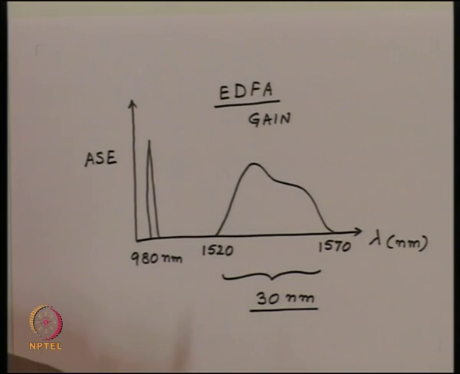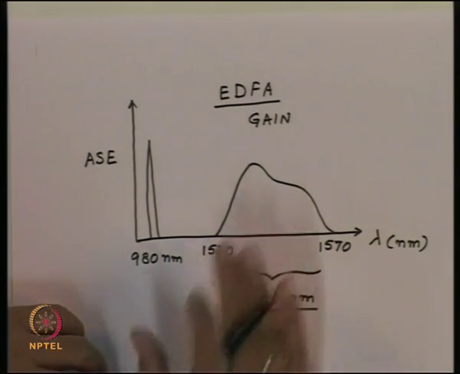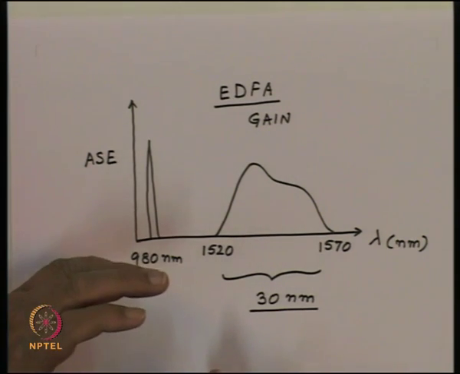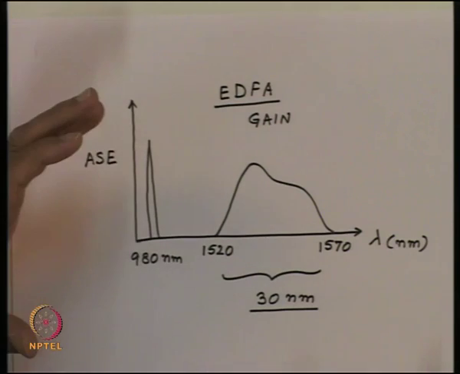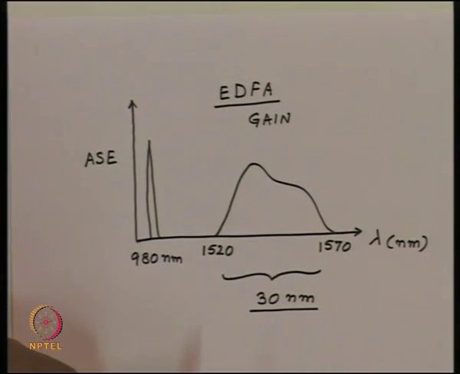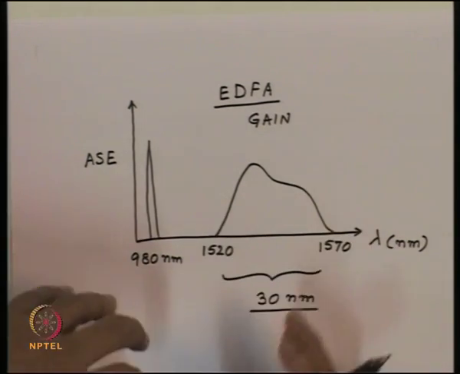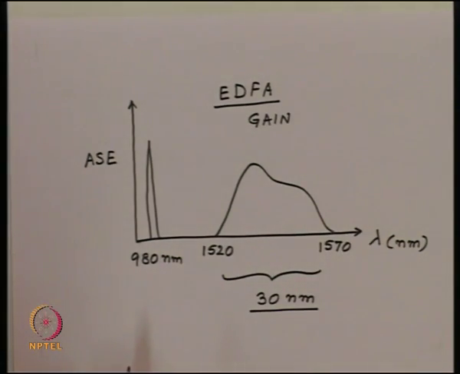And all these 40 channels can be simultaneously amplified inside the EDFA. So essentially we do not require separation of the optical carriers. In a long link, we can just put an amplifier which is an EDF, and all the 40 channels lying within this band will be simultaneously amplified.